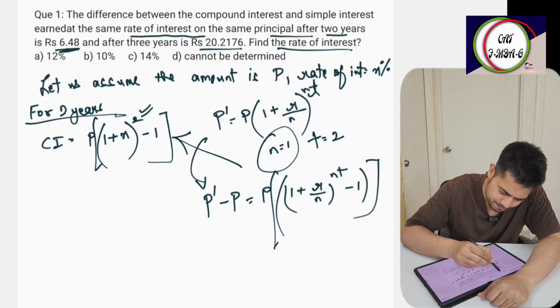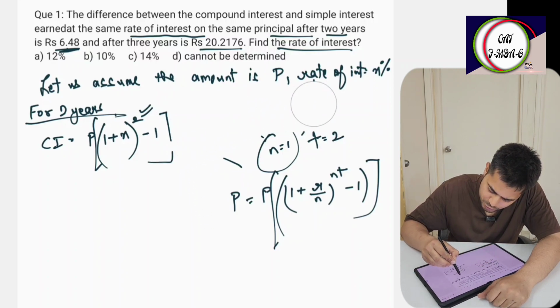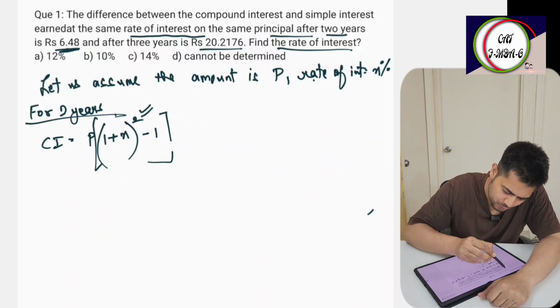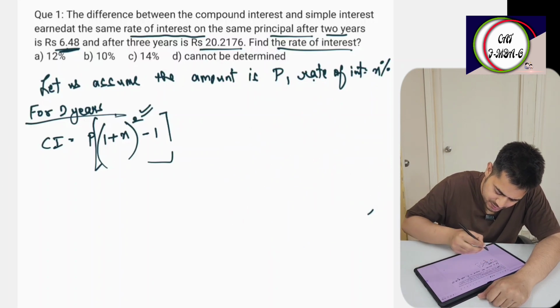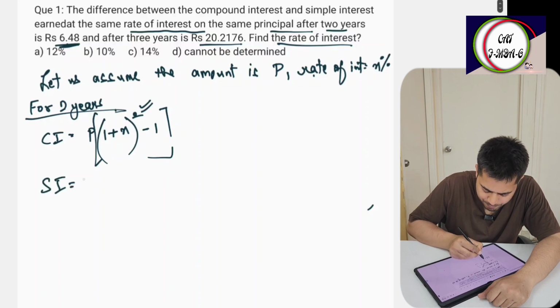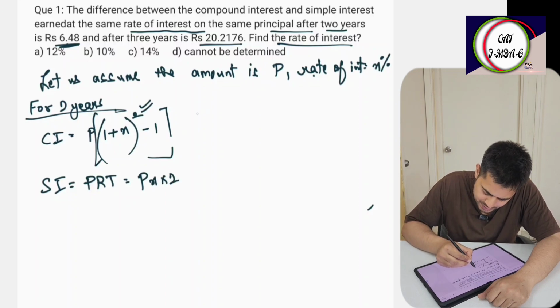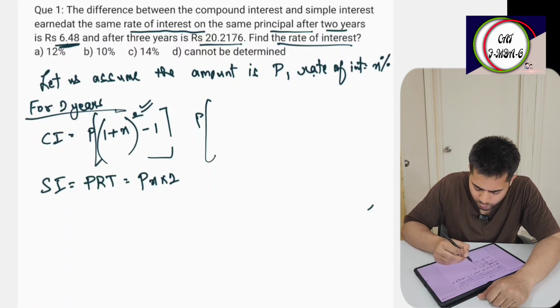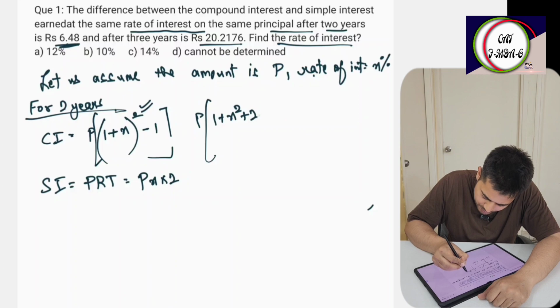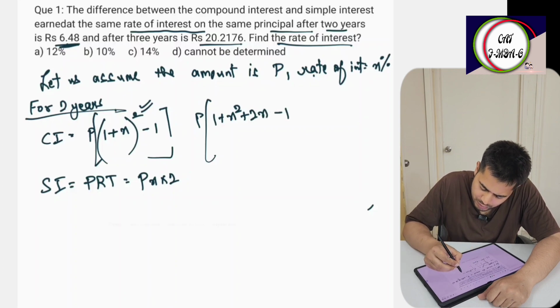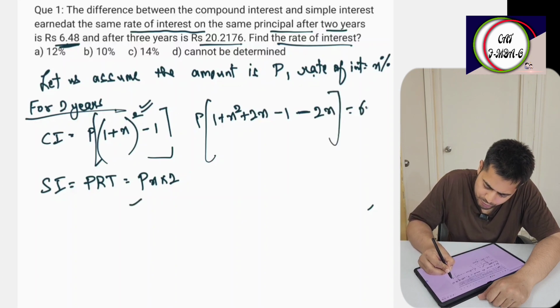So let us see how to proceed in this question. Compound interest is this, and simple interest is given as P into R into T, so it will be P into X into T. So the difference is P times (1 plus X) square, that is A square plus B square plus 2AB, minus 1, and minus 2X, with P taken common, is equal to 6.48.